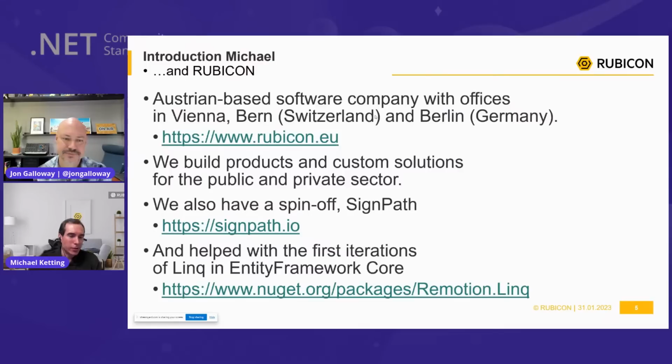So, okay, Rubicon itself is an Austrian-based software company. We also have offices in Bern and in Berlin. What we're doing is custom solution development, and we build software products in the public and private sector. If you're interested, you can check all this out on the homepage.